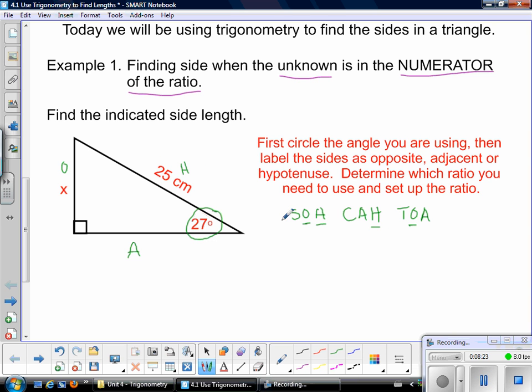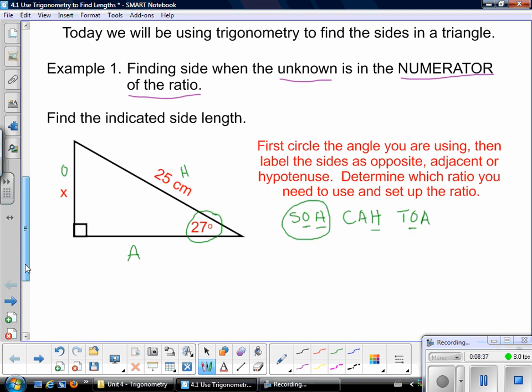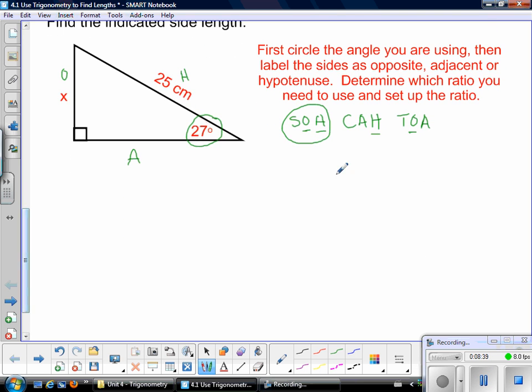Now you can see with these three formulas, this is the one that I have 2 underlined. So it will always work out that way, that if I underline the side I want and the side that I know, it will be the one that has 2 underlined. Okay, so that is what I'm going to use. I'm going to use sine.